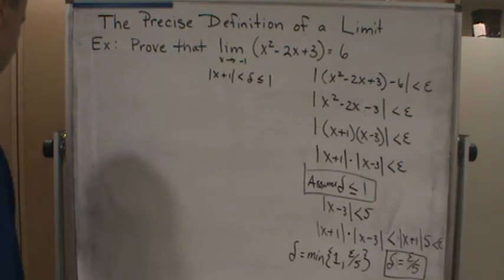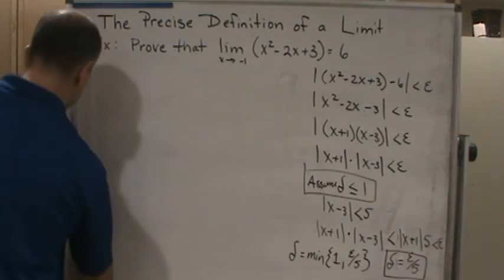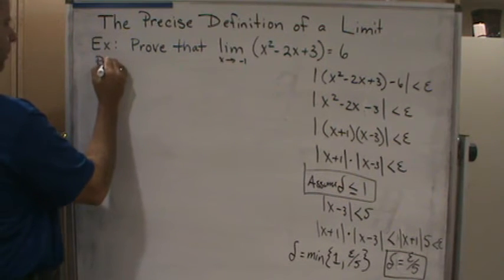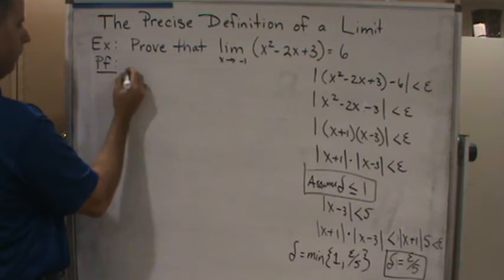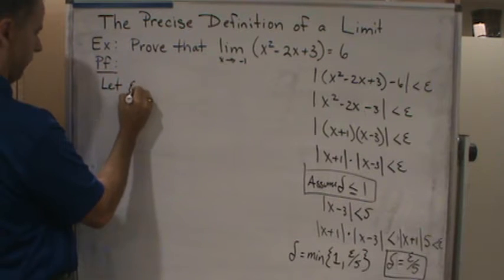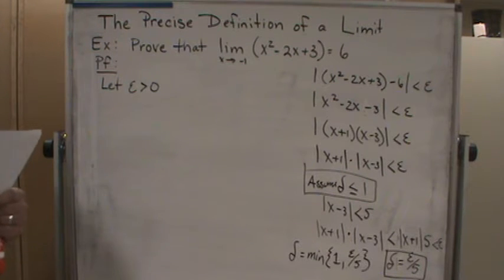Okay, now the proof. So now we start our proof. Let epsilon be greater than 0.